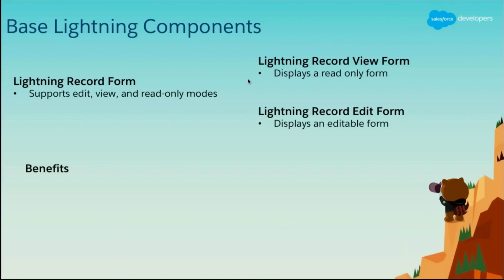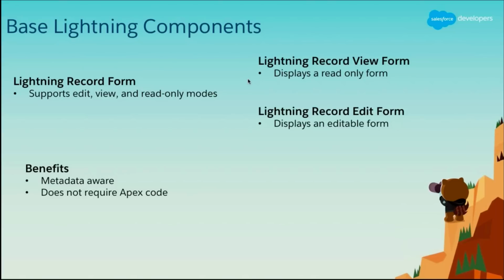So what are the benefits of using these base Lightning components? As I said, the first thing is it is metadata aware, so you need not really worry about the data type of each of the fields that you are getting and what the validation rules are and other stuff. And most importantly, when you are using the base Lightning components, you need not write any Apex code.